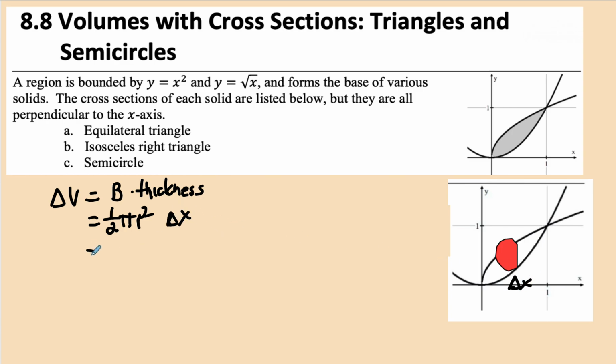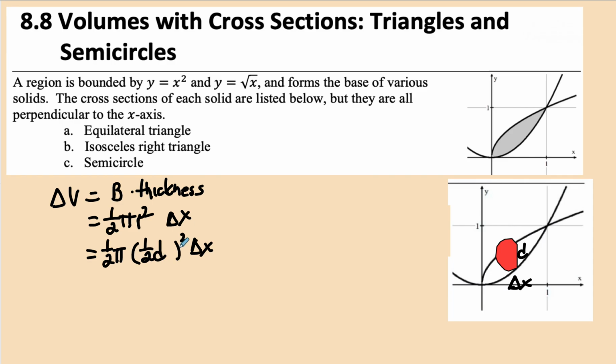And so then we'll have 1/2 pi, and our radius is going to be, actually this is a whole diameter. So this is a diameter, and I really only want half of that. So I want half of that diameter and delta x.